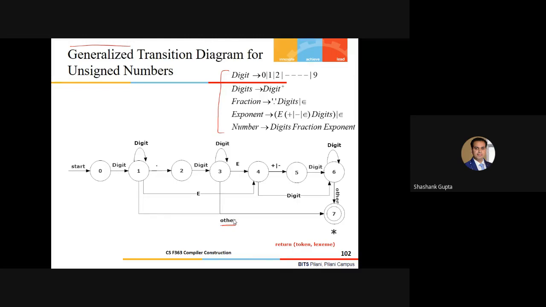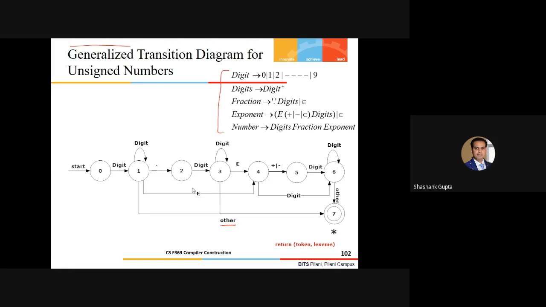Come on, guys. At least this much you can answer, because the answer is written in front of you. And still, the irony is I am asking you the question. What is the definition of the others right now? Sir, anything other than digit, dot, and capital E. Fine. So anything apart from this dot and the E, that will fulfill my purpose, right?